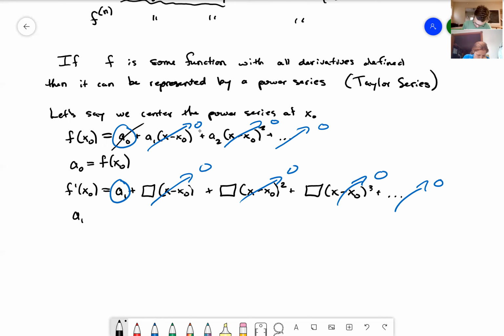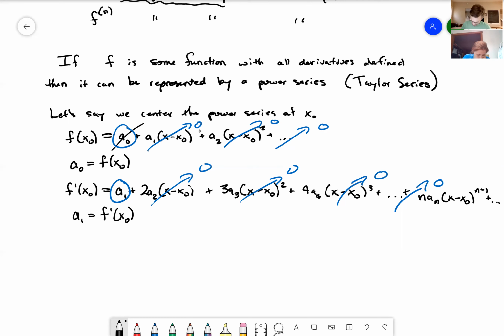So a1 is equal to f prime of x0. Maybe it would be useful to write in what it should be. So we took the derivative: a1, 2a2, 3a3, 4a4, n x minus x0 to the n minus 1, and so on.